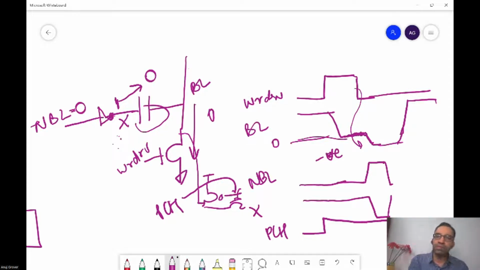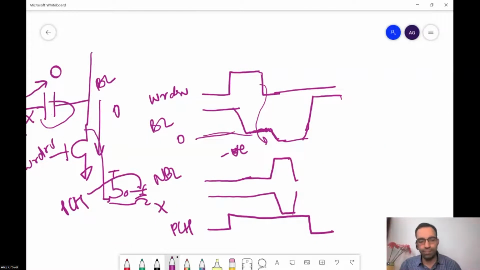Are you able to see this? Yes, sir. So in this case, whenever we go to the next cycle, like we are going from negative bit line to VDD, would there be the possibility that it could not rise to full VDD? That is what we have to ensure in the timing analysis, Harshit. There is a definition of T cycle.